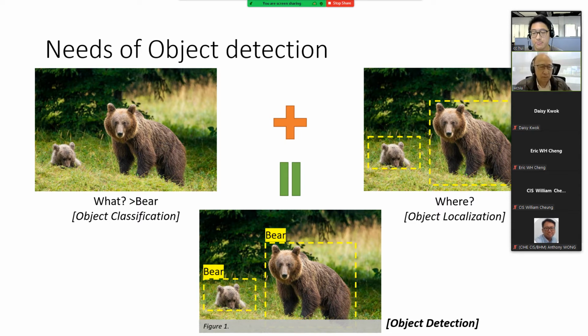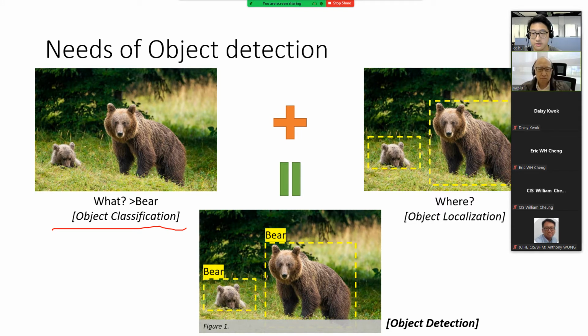Since the start of deep learning, the very popular models, AlexNet and LeNet, are the networks that do object classification, shown on the left-hand side here. So it can tell what the picture is showing.